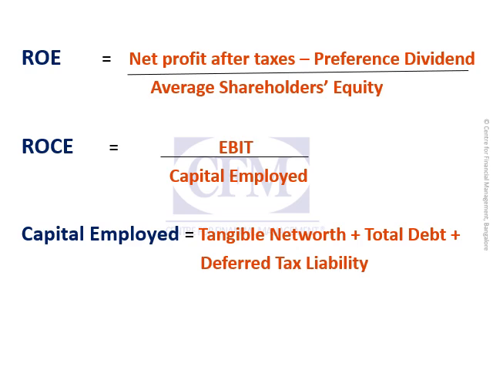ROCE is EBIT divided by capital employed. Capital employed is the sum of tangible net worth, total debt, and deferred tax liability. An important point to note here is that while capital employed includes only the tangible assets of a company, the intangible assets will be counted while calculating the shareholders' equity.